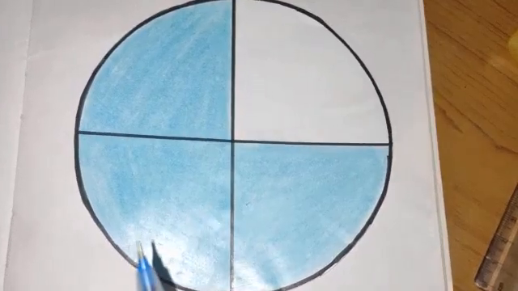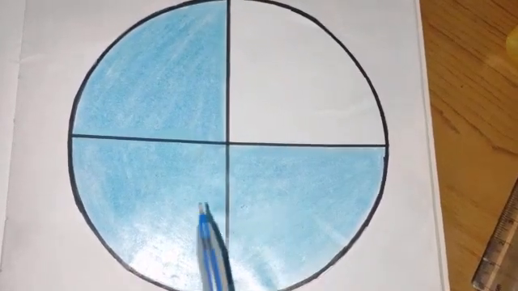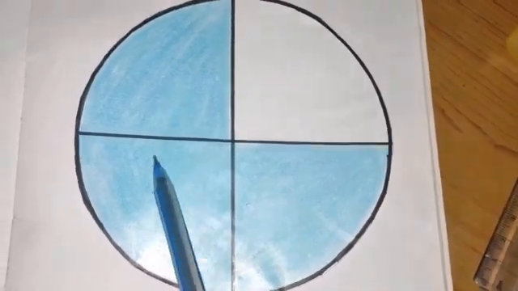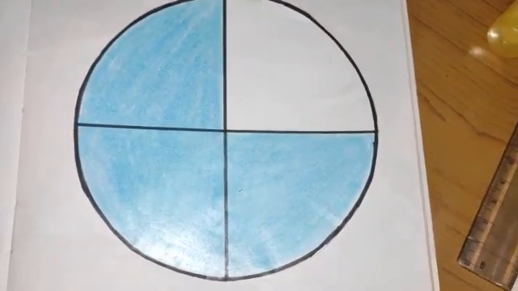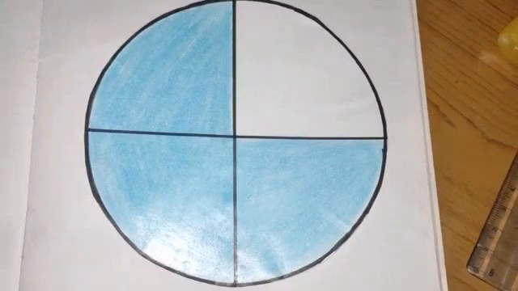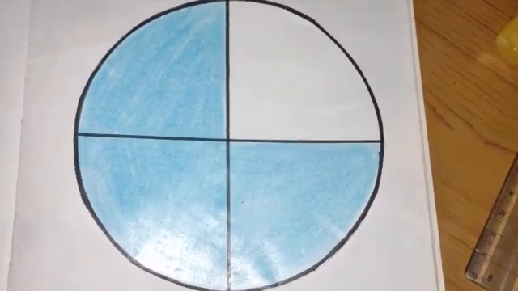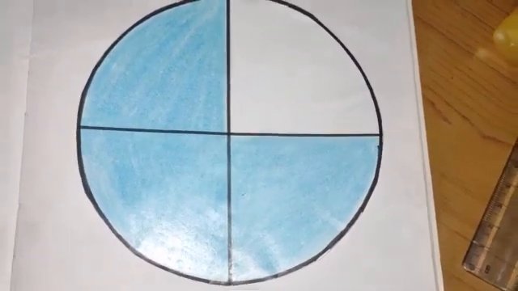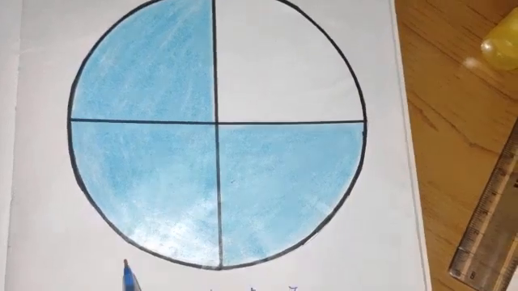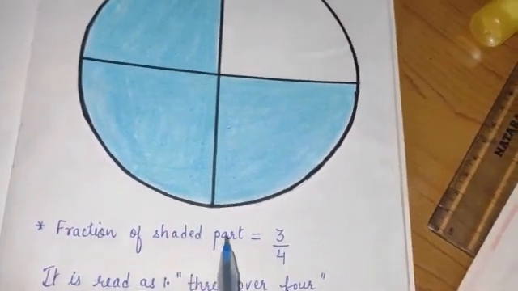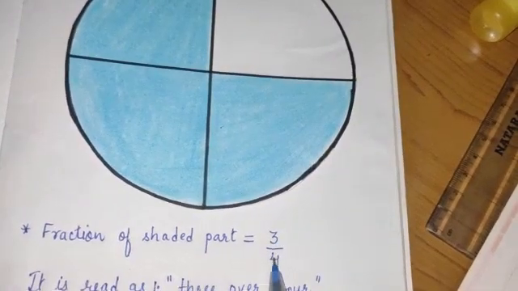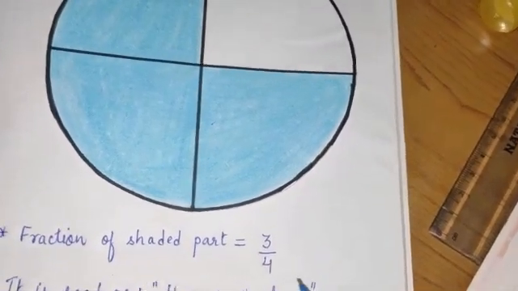And how many colored parts are there? 1, 2, 3. So what is the fraction of the colored or shaded part? You would say the fraction of the shaded or colored part is 3/4.